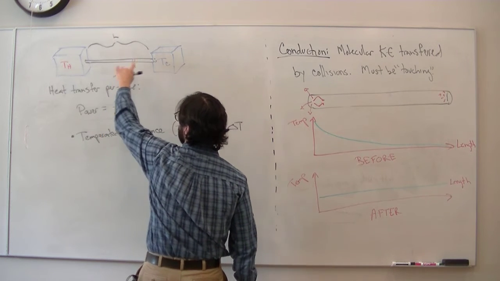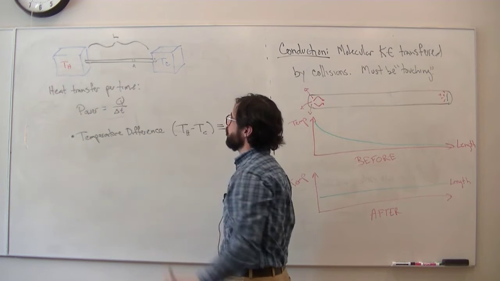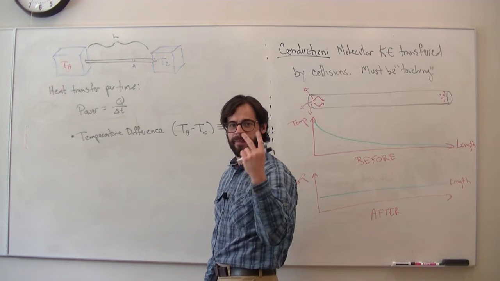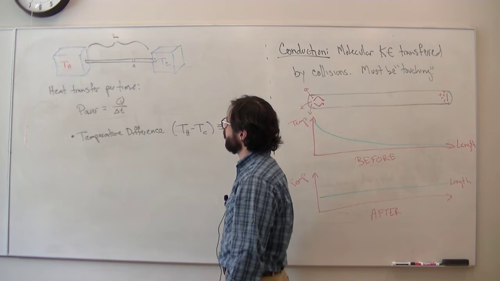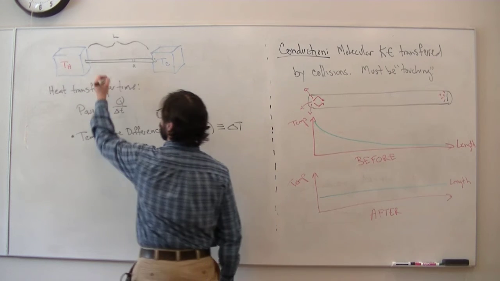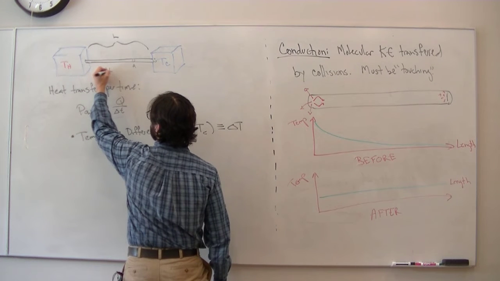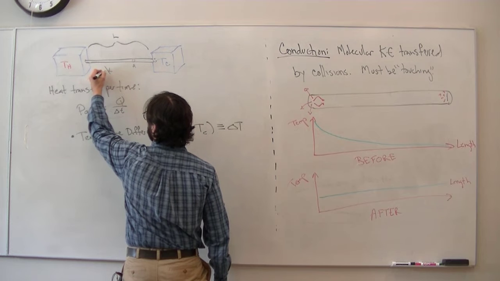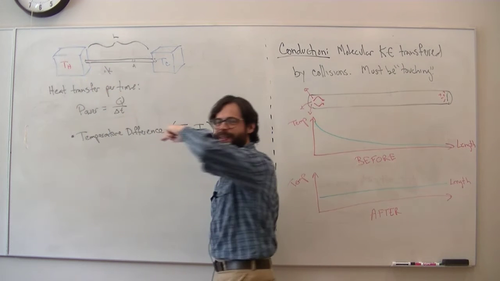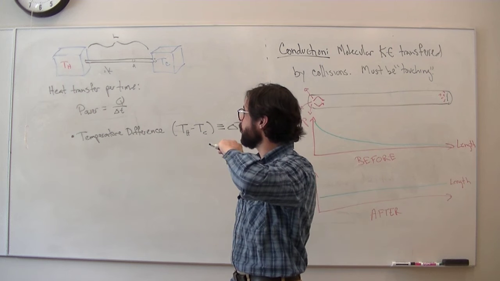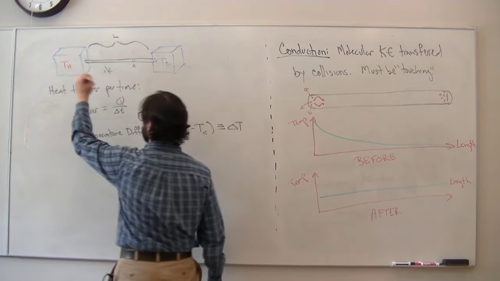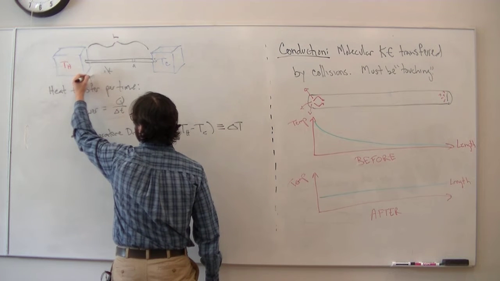The bigger the area, so imagine instead of one of these wires connecting the two, I had two, so twice as much heat could be transferred, so this has got to depend on the area. And then finally, vaguely, we have material properties, which I really apologize for, are denoted with the symbol K in thermal conductivity. So we're really giving K a workout in this class. We'll just say properties.